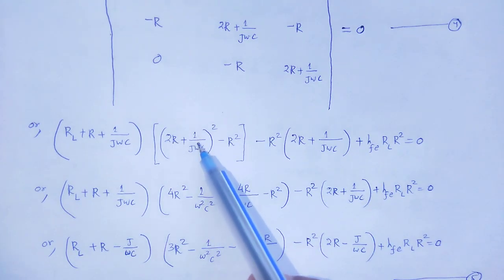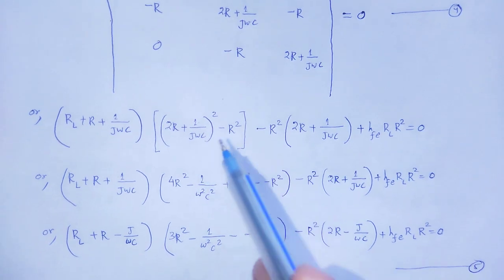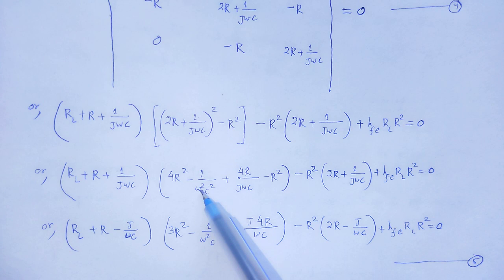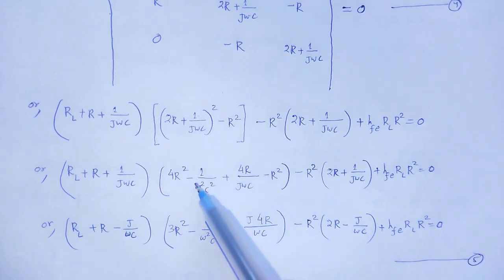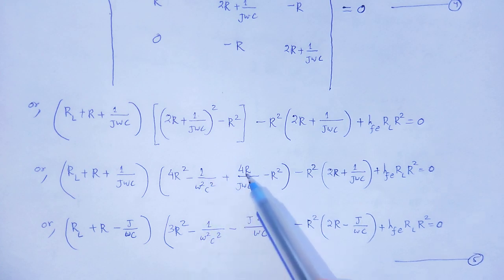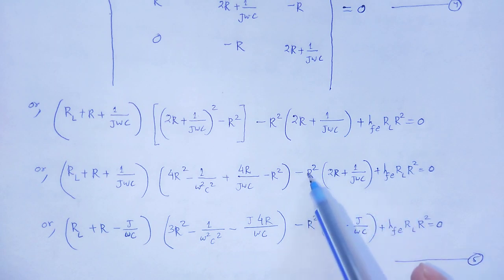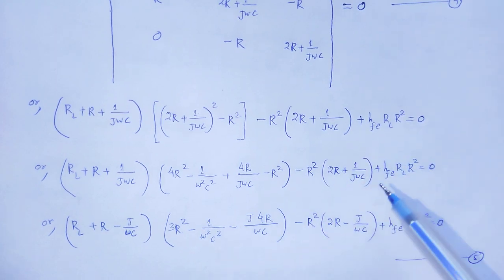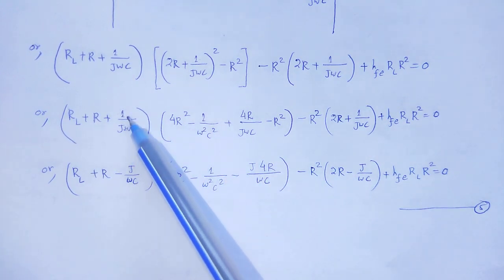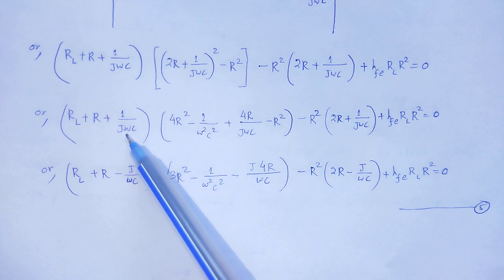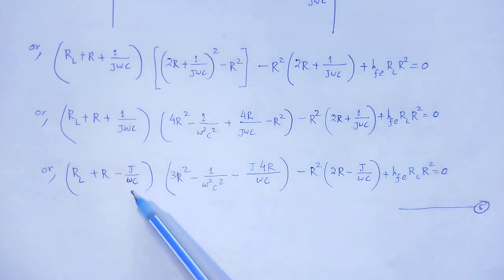2R plus 1 divided by j omega c whole square, using (a plus b) whole square equals a square plus b square plus 2ab: 4R square minus 1 by omega square C square, plus 4R divided by j omega c, minus R square as usual for the terms. Then 1 by j omega c, in complex form, can be replaced as minus j by omega c.